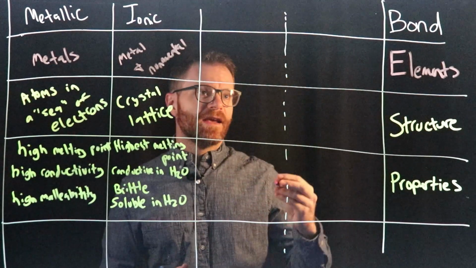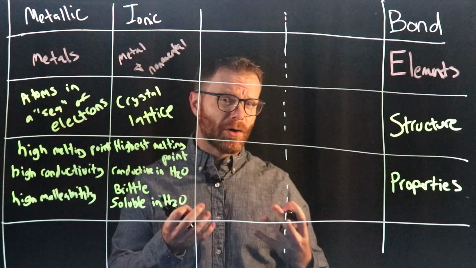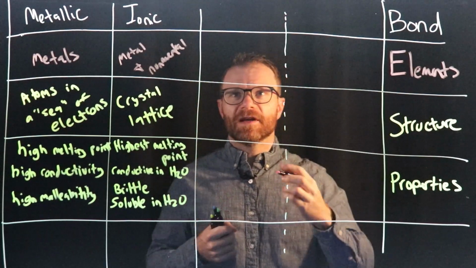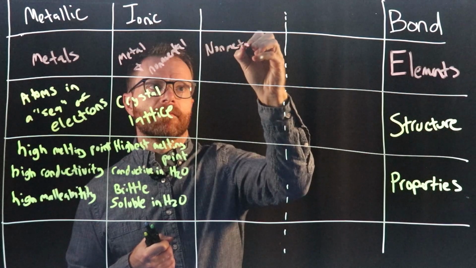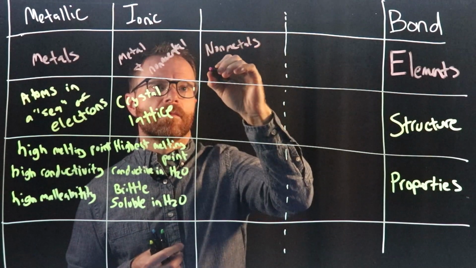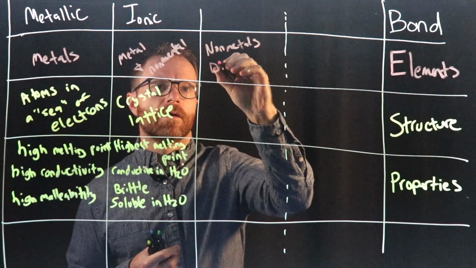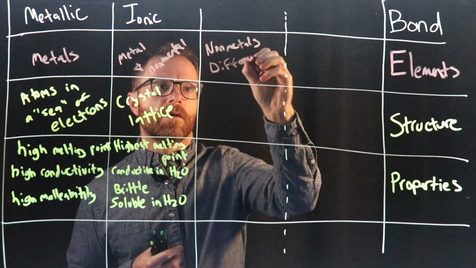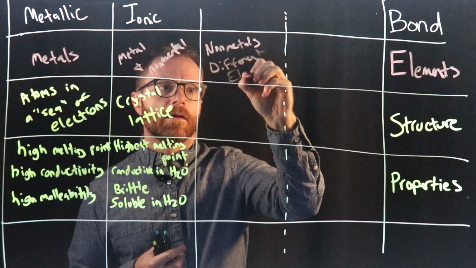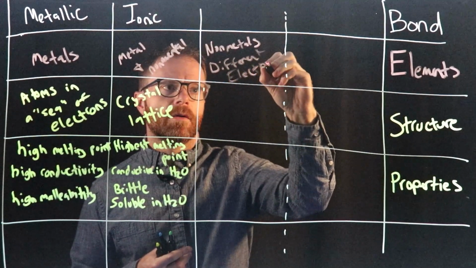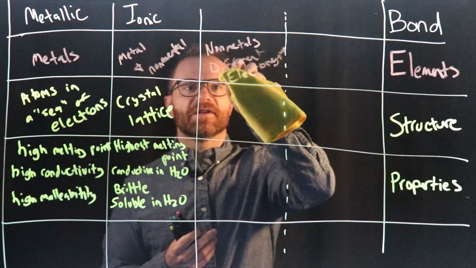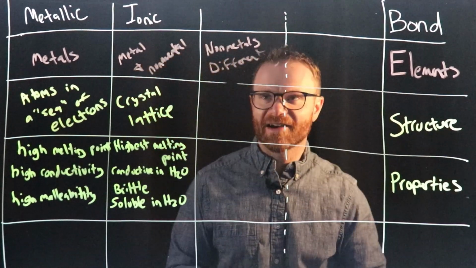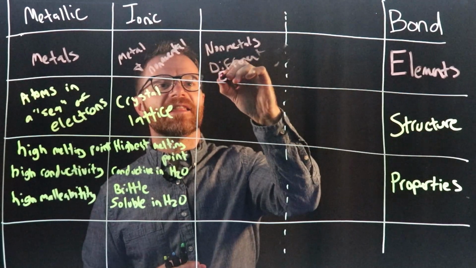So for instance, if it was amongst two or more nonmetals with different electronegativities, oh, that's just the worst spelling. The worst handwriting. Sorry, I'll try a little better. Electronegativity.